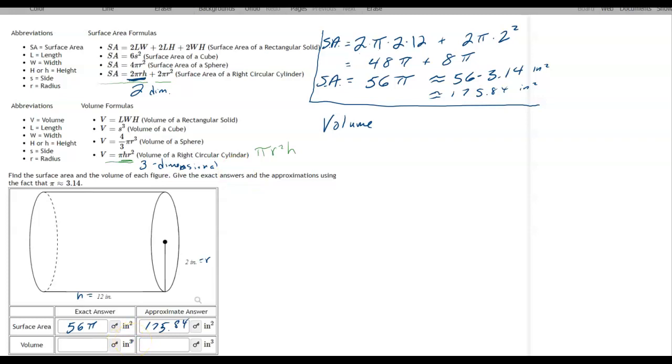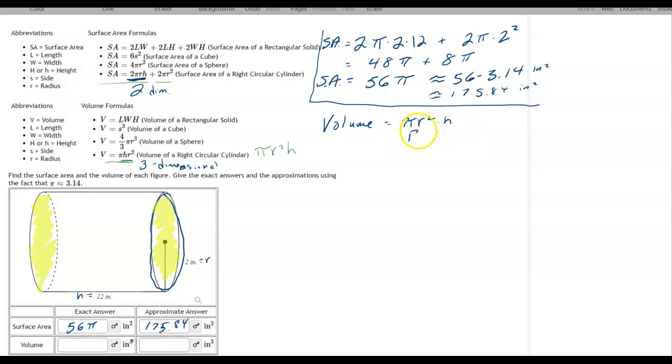We read that as cubic inches, and that is pi r squared times the height. That's the area of the base. These end pieces are called bases. And then here's the other base.